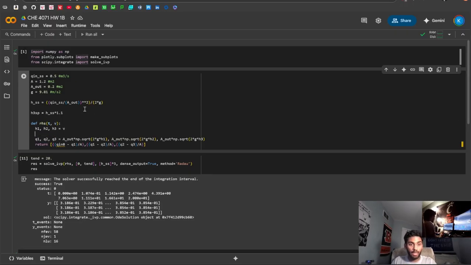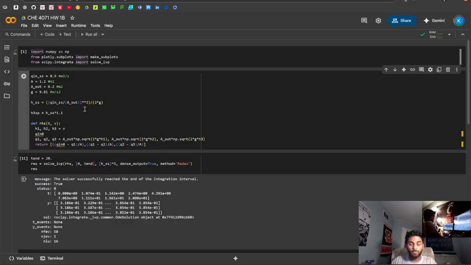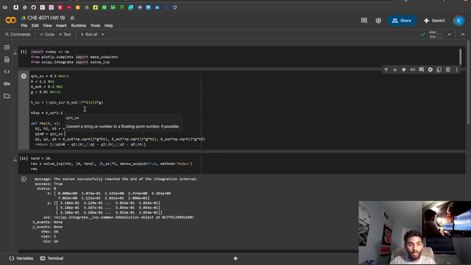And the way we're going to do that is, first we're going to modify our function, and we're going to say something like, hey, before we were defining the flow rates and changing the flow rates, but now we are going to define the change in our flow rates according to the change that is necessary to meet our new set point in the tank in question. So it might look something like this, where we have our initial steady state flow rate, and we're going to add a term which will be the controller gain.